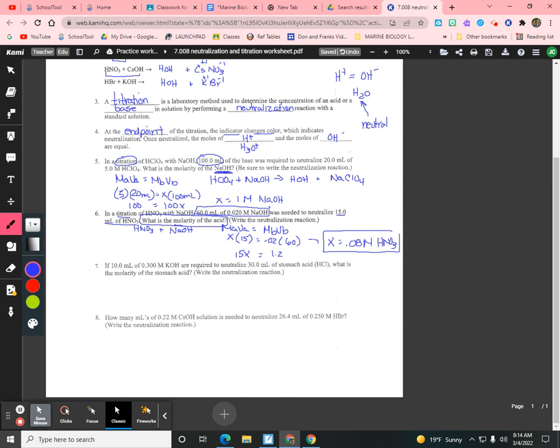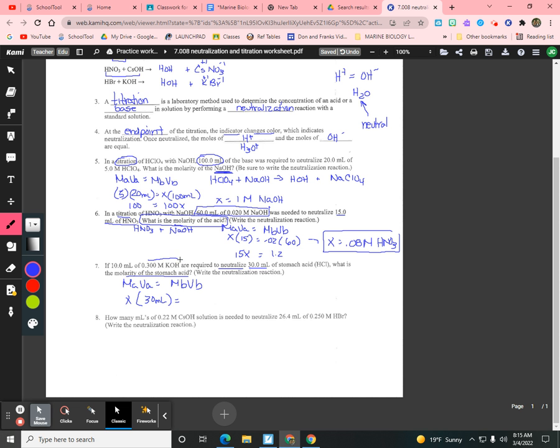Okay, number 7. If 10 milliliters of a 0.3 molar potassium hydroxide are required to neutralize 30 milliliters of stomach acid, what is the molarity of the stomach acid? All right, it said neutralize, so I write my formula down. The molarity of my acid is going to be my X. The volume of my acid is 30 milliliters.